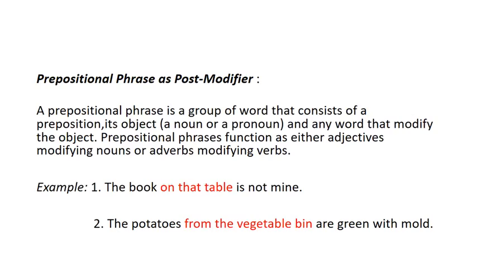So it is used as a post modifier of the noun phrase the book. Second sentence, the potatoes from the vegetable bin are green with mold. Here in the same way, the highlighted words from the vegetable bin is a prepositional phrase and it is used after the noun phrase the potatoes and gives some specification about the potatoes. So it is also a post modifier of the noun phrase the potatoes.